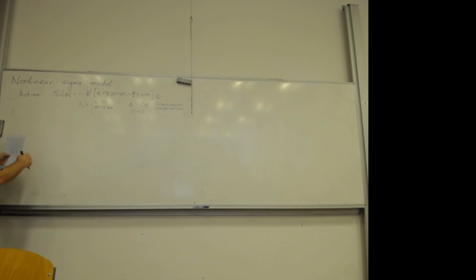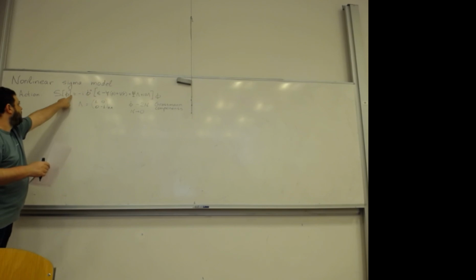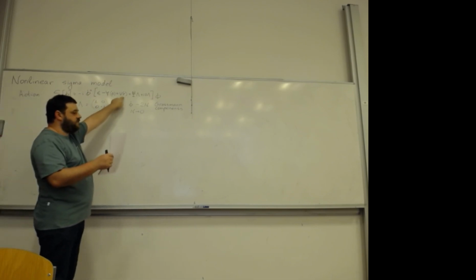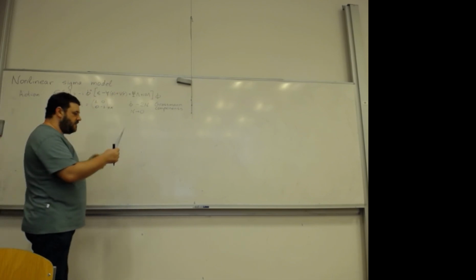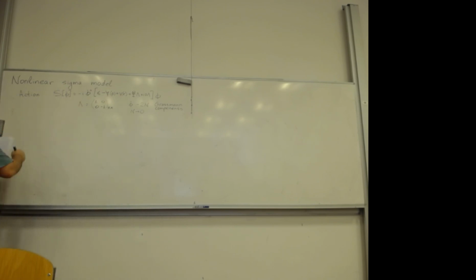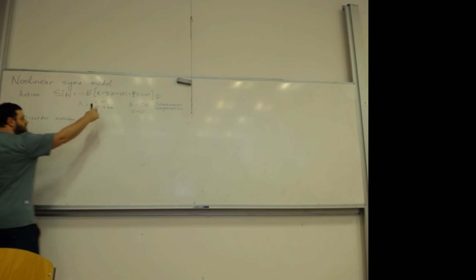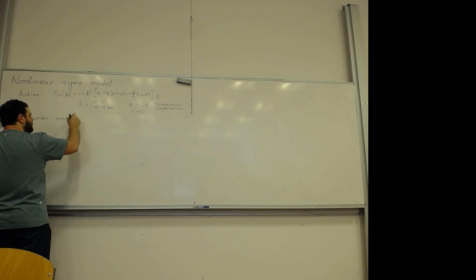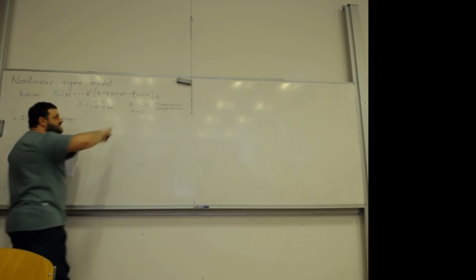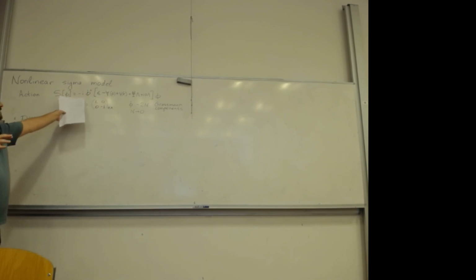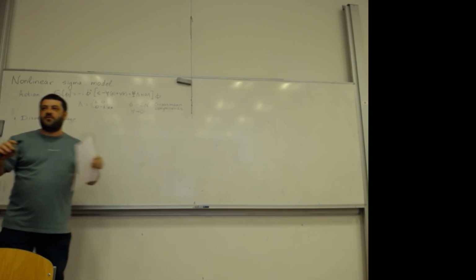Then what we did with this action: we first average over the disorder. Disorder is this V of r here. So the first step, disorder average, removes this V of r, and instead it generates some term in the action which is of the fourth order in the phi field.